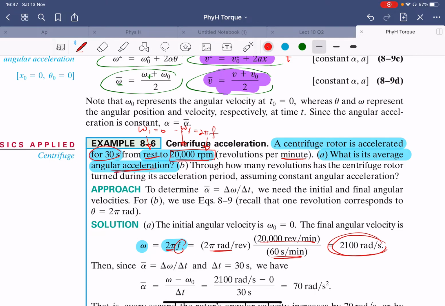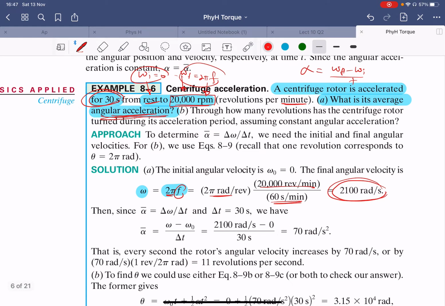So I'm just going to use the equation alpha equals omega f minus omega I over t, because I know t, I know omega I, I know omega f. So plug them in because you were asked to find alpha. So alpha is this value, omega f minus omega I divided by t. So this is my answer, 70 radians per second squared.